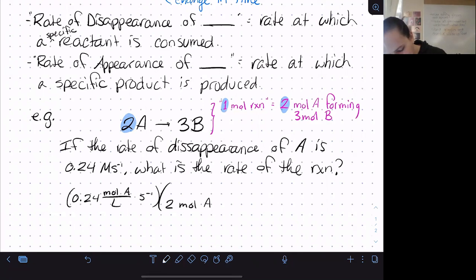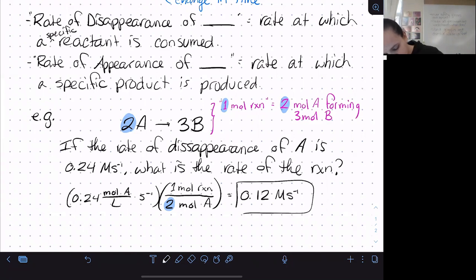So just like any other stoichiometric conversion, that coefficient is going to come into play. And it's always just 1 mole of reaction is represented by whatever your coefficients are. So here we're just dividing by 2. So our rate for the reaction would be 0.12 molarity per second.